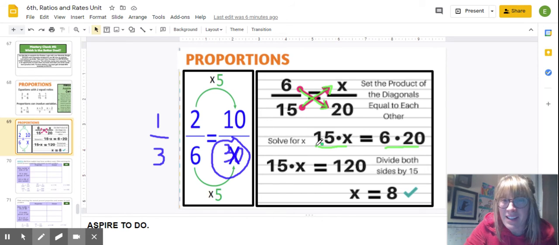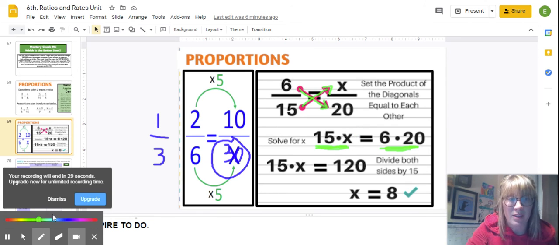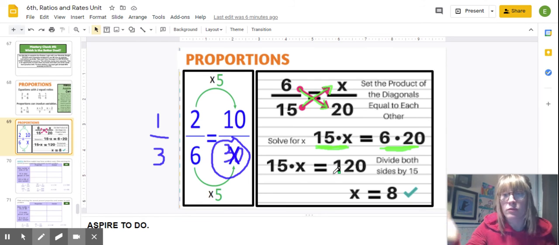And so X wants its own space, right? They need a little social distance, if you will. So what we're going to do is see if we can simplify anything first, if we can combine any like terms. 15 and X are different types of terms, so we're not going to be able to combine anything there, but we know that 6 and 20 are both whole numbers, so we can multiply them.